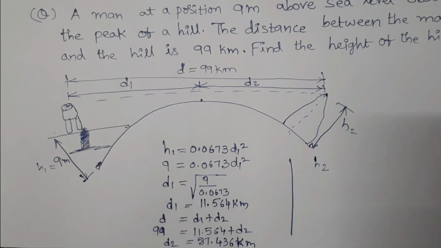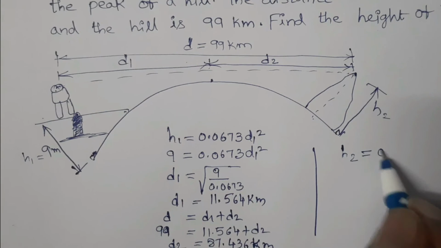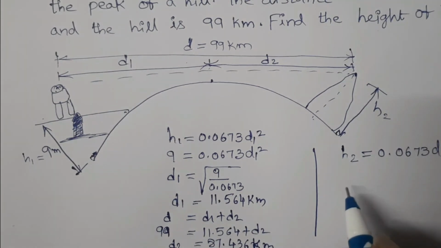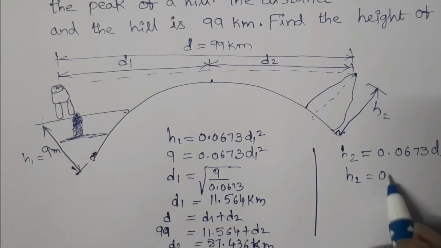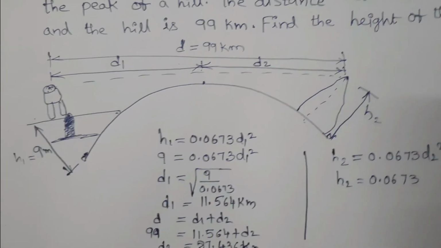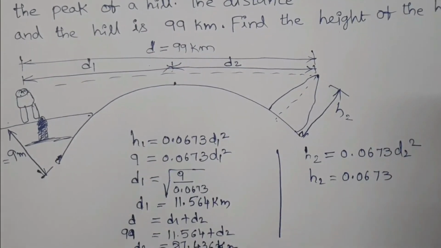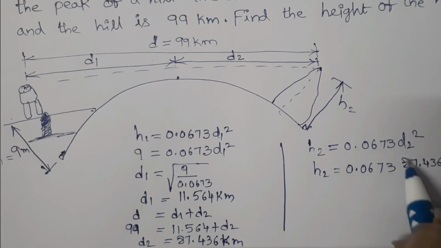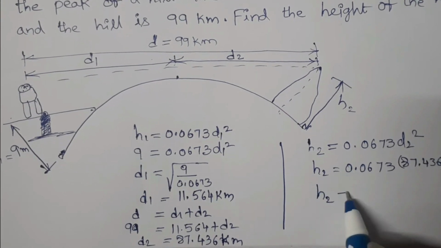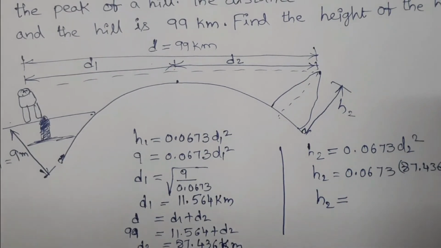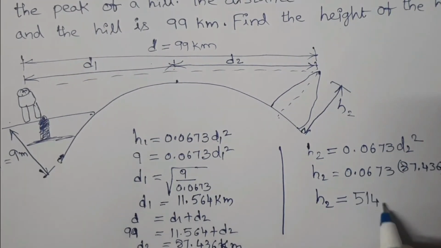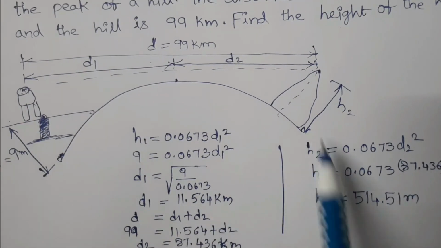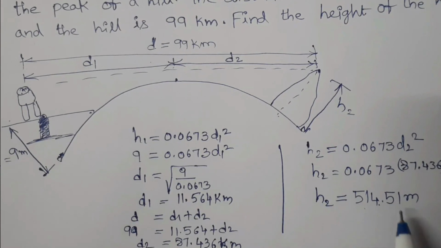H2 is equal to 0.0673 D2 square. H2 is equal to 0.0673 into 87.436 whole square. Therefore, H2 is equal to 514.51 meters. Height of the hill is 514.51 meters.